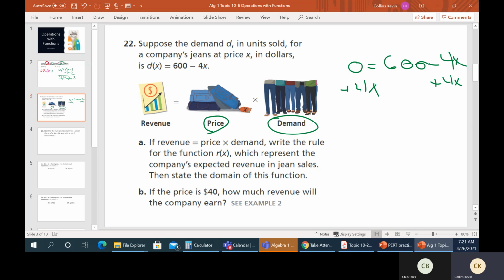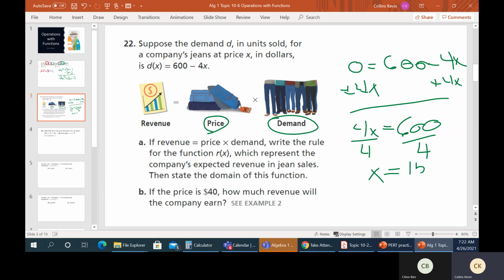If we add 4x to both sides, then you get 4x equals 600. And if we divide by 4, then we get x equals 600 divided by 4, which happens to be 150.